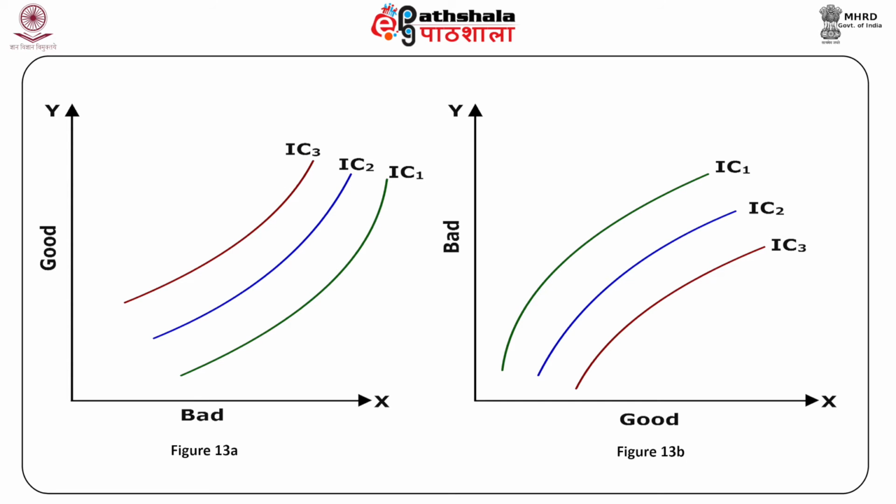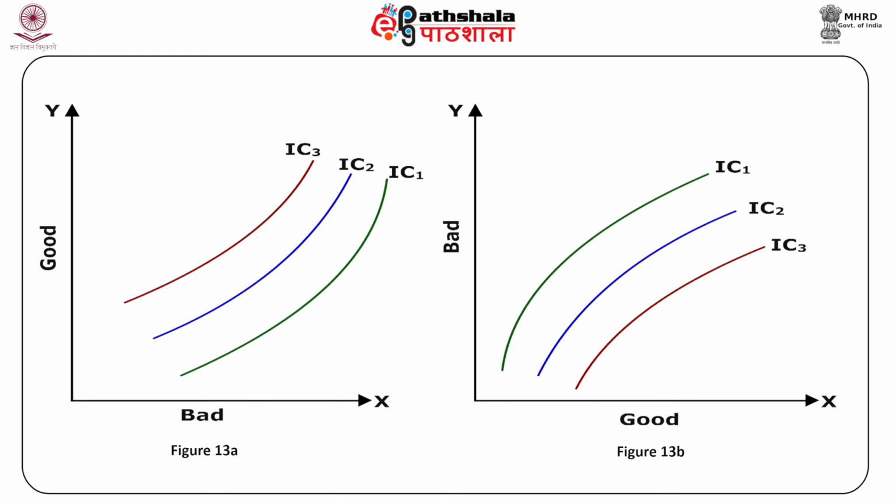This is because a movement towards the right along the indifference curve reduces the consumer's satisfaction level due to increased consumption of bad, and therefore to keep his satisfaction level constant, the amount of good has to be increased.